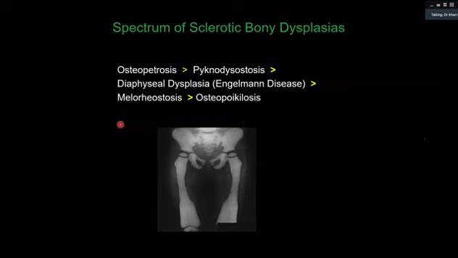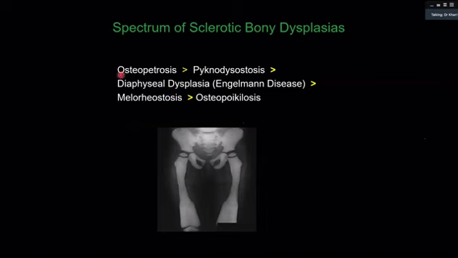When osteoclasts have some issues, maybe in number or function, you can get bony dysplasias in which there is sclerosis of bone. And this is a spectrum of conditions.